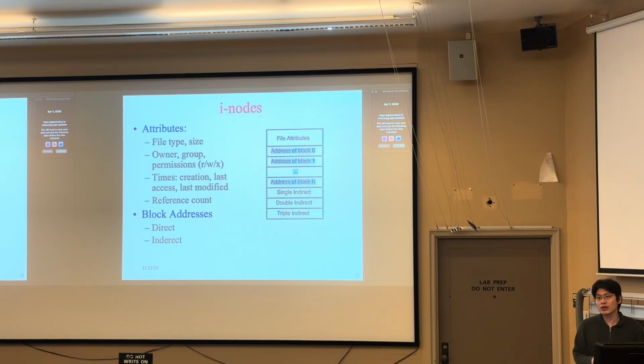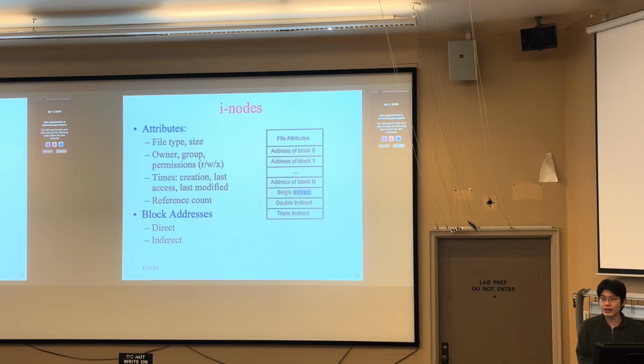If this is not sufficient, you have indirect links. This one level indirect means that this is referring to another block, and every entry in that block references another data block.